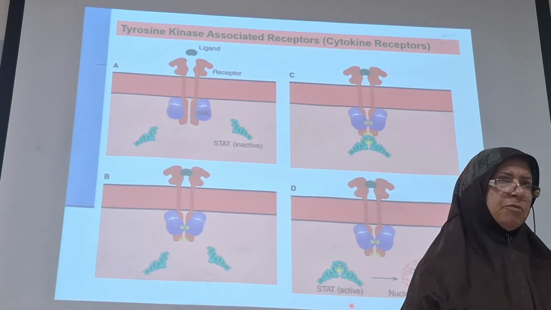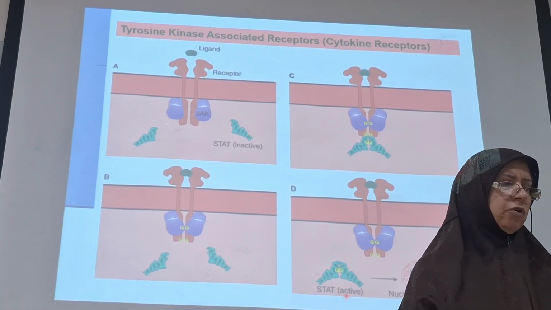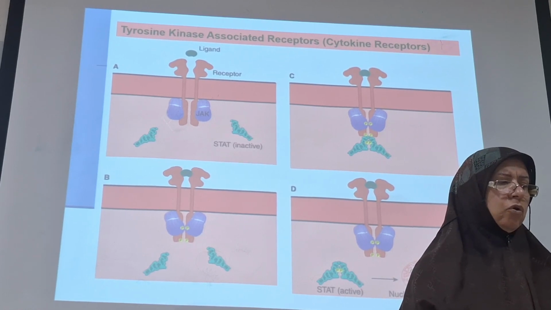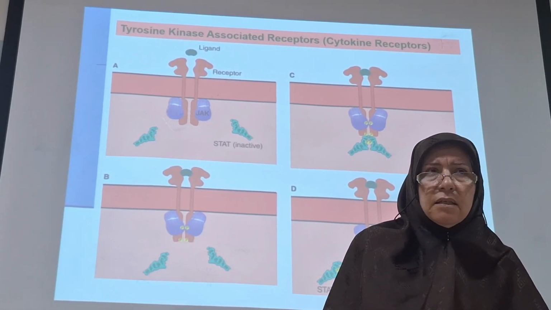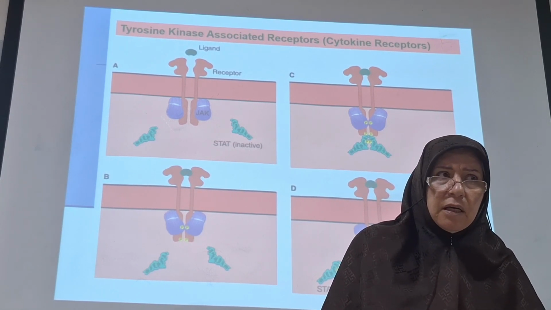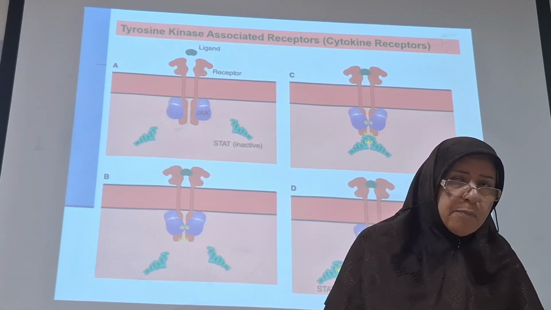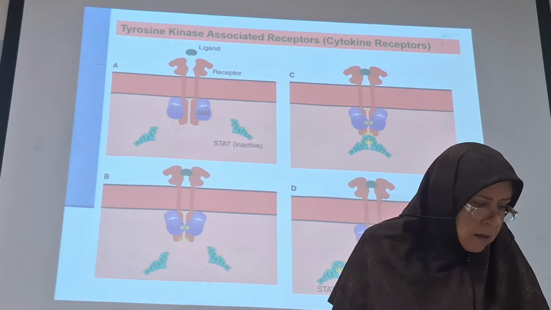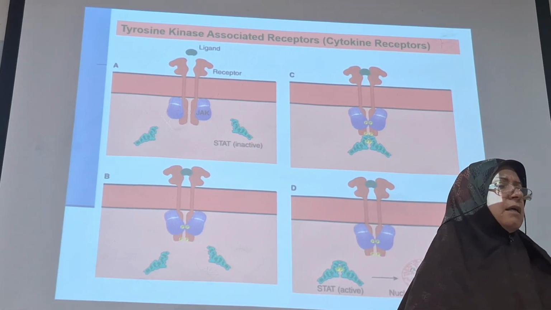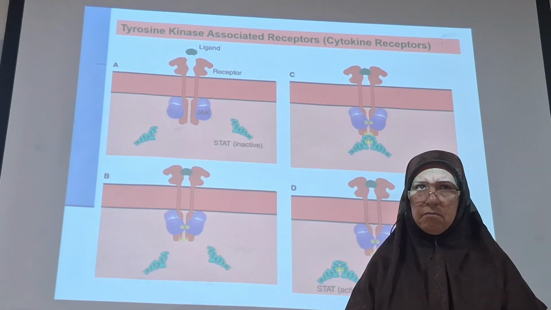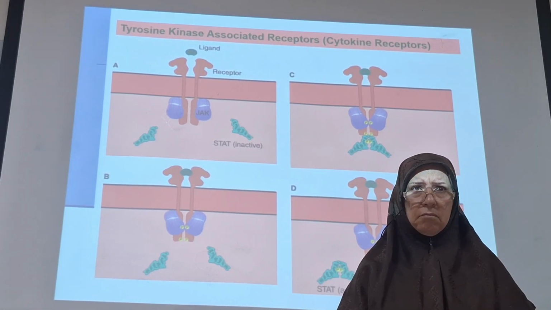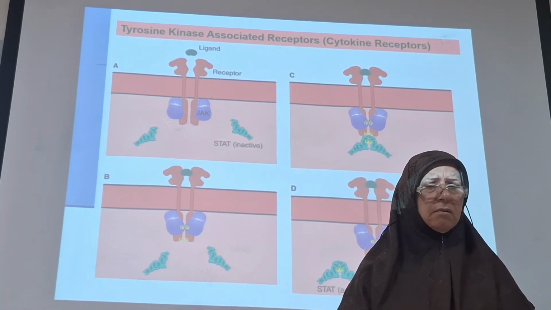It is a transcription factor, and in its active form it enters the nucleus and activates transcription, leading to a response. We say this pathway is the JAK-STAT pathway. Have you heard of the JAK-STAT pathway? No.